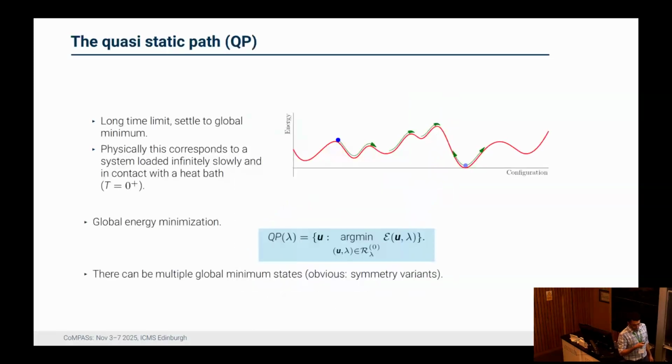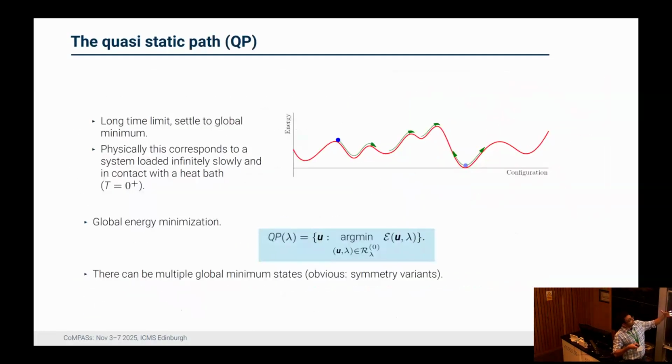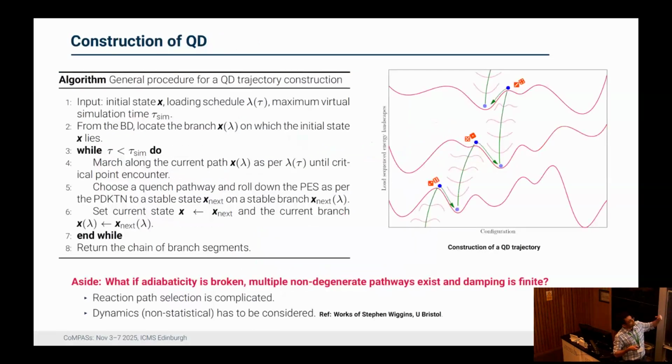Now that we have this for the nickel nanocolumn, we do the quasi-static part. It's essentially we minimize the energy. So that is how we construct the quasi-static path. And then the construction of quench dynamics is, you keep loading the system.